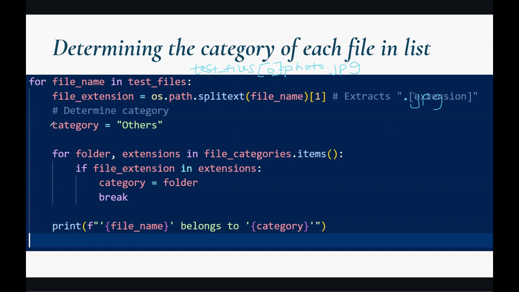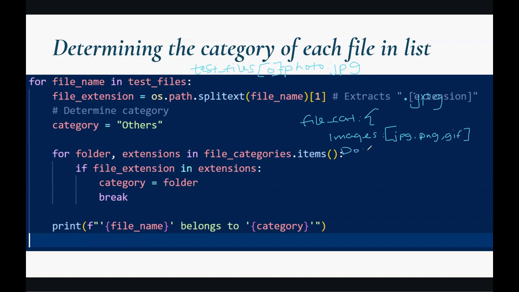Then we're assigning category to be others, but we want to loop through our dictionary, which I'll remind you looks a little bit something like this. Images, and we've got JPEG, PNG, and GIF.